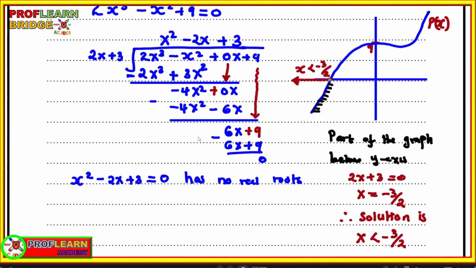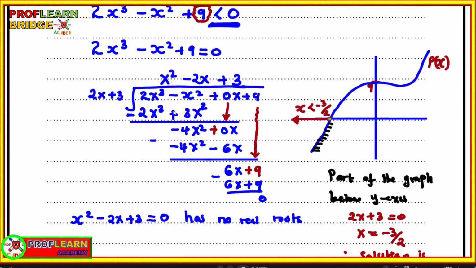The first part: which number do we need to multiply by 2x to get 2x cubed? That number is x squared. If you multiply x squared by 2x plus 3, we get 2x cubed plus 3x squared.